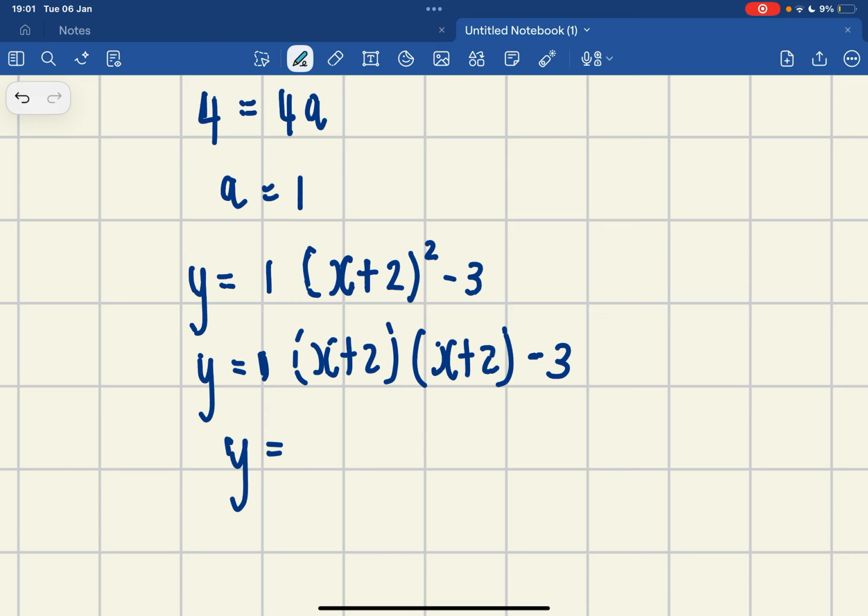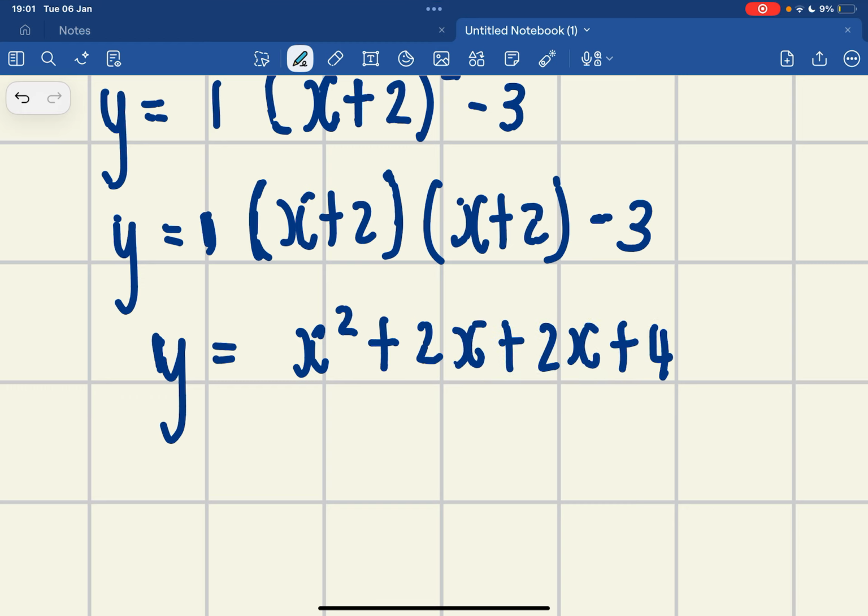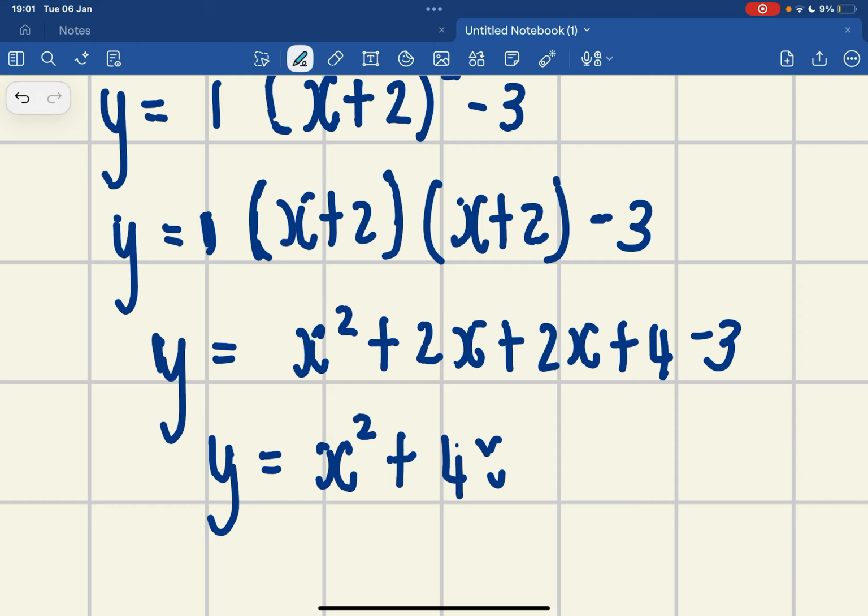So y is equal to, I apologize again for the Apple Pen working against us, x squared plus 2x plus 2x plus 4 minus 3. Y is equal to x squared plus 4x plus 1. And that's how you go about it.